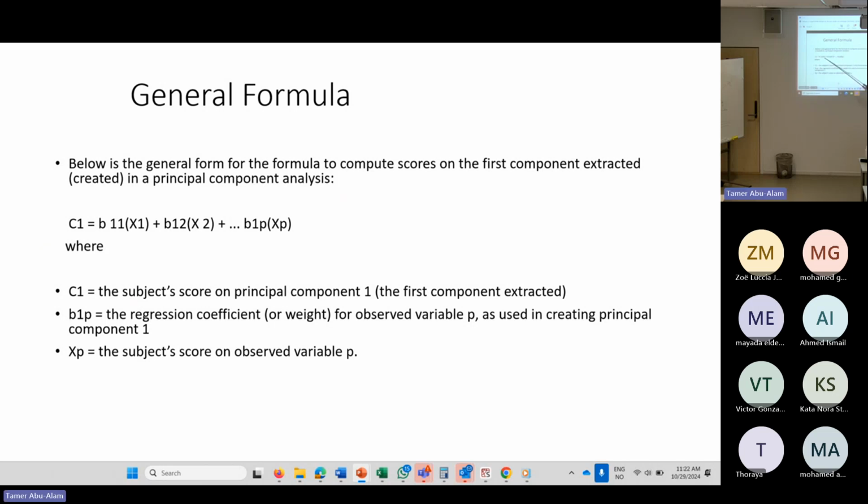X1 is a value X, X2 is Y, X3 is, so these are actually the variables. It's written here X1, X2, X3, but you can call them X, Y, Z, the 100 variables that you have. And this one is the correlation coefficient between this and this line. And this is the principal component.